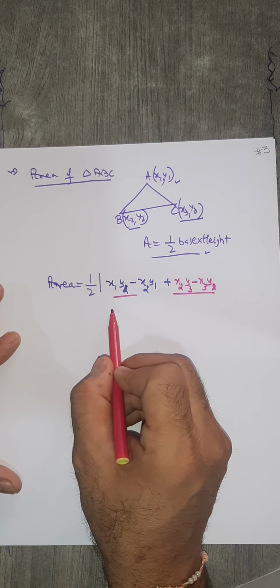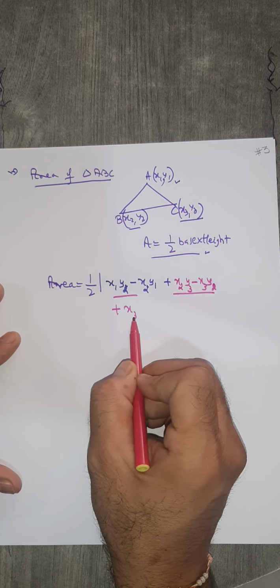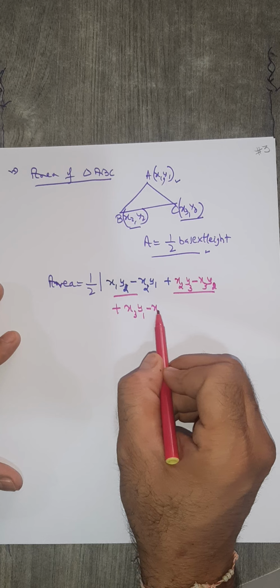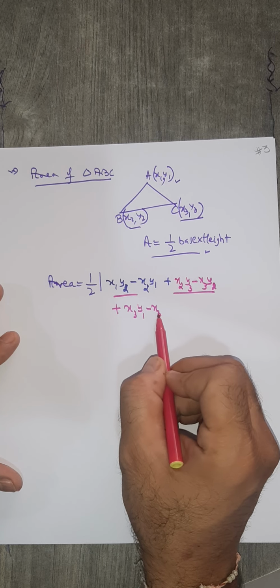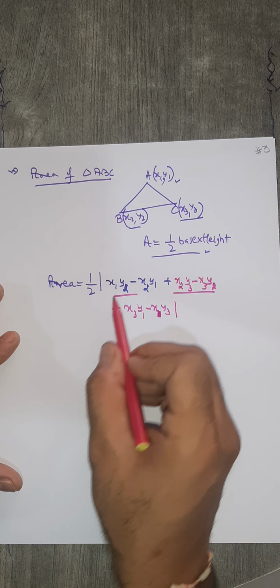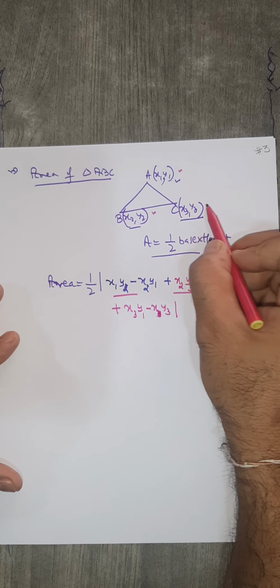Now we take the next one, x3 in circular, y1, minus, interchange these two, that is x1 y3, inside the modulus. Everything is in terms of these coordinates.